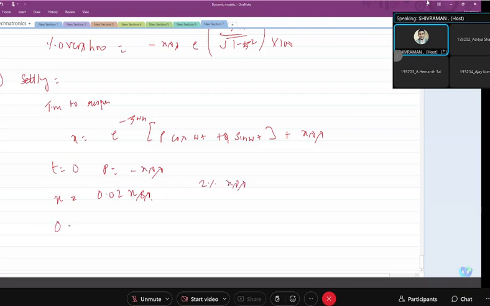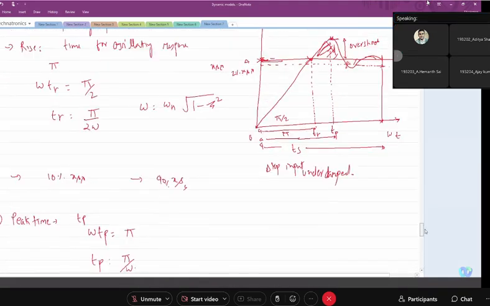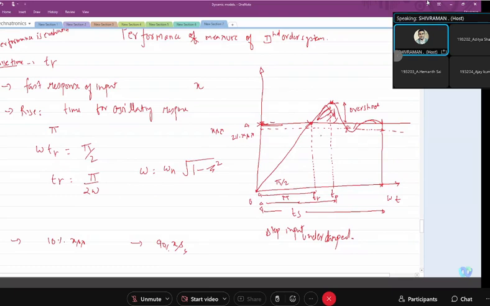To reach this settling time Ts, the system is going through a number of peaks, and these peaks are in multiples of pi.